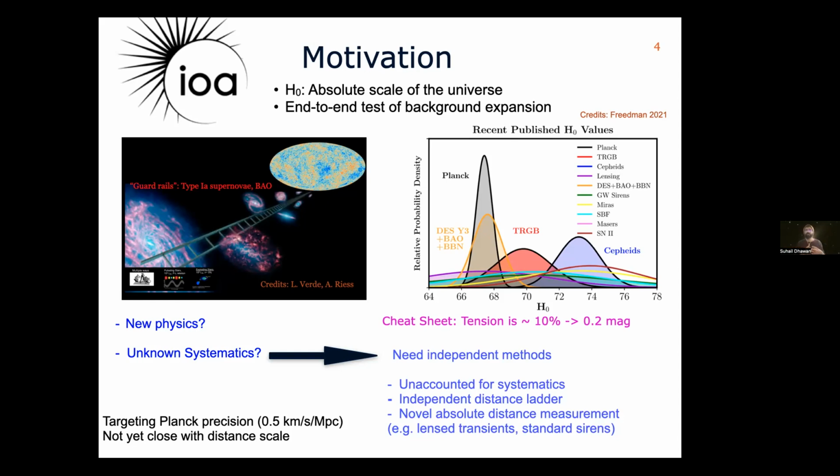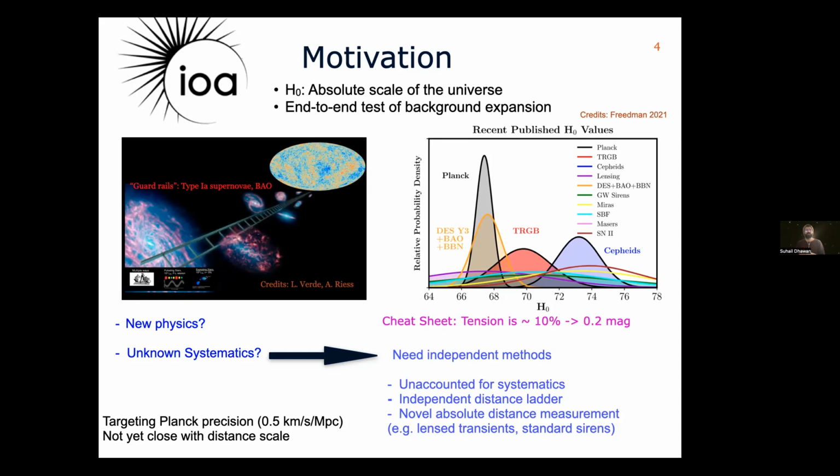What is also important is an independent distance ladder, so that's this red histogram here. And this is calibrating the supernova luminosity with different independent distances, and we see that is a much better agreement with Planck. So really, independent distance ladders are extremely important to know what is going on in terms of unknown sources of systematics, or systematics that actually hit an error floor when we are looking at these tensions.